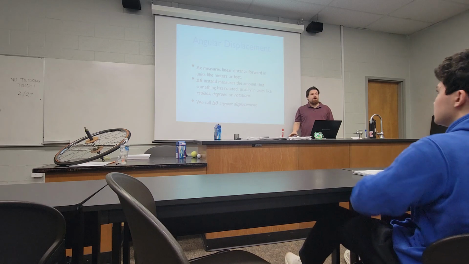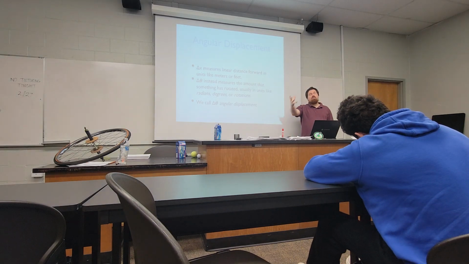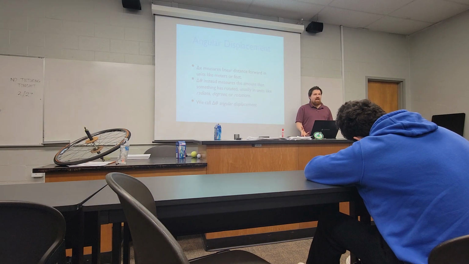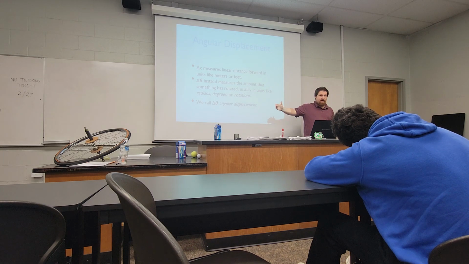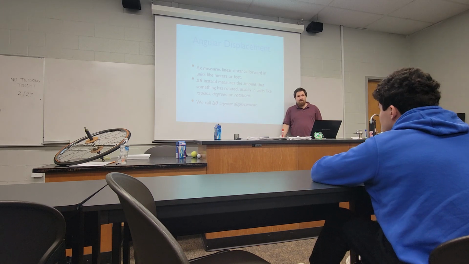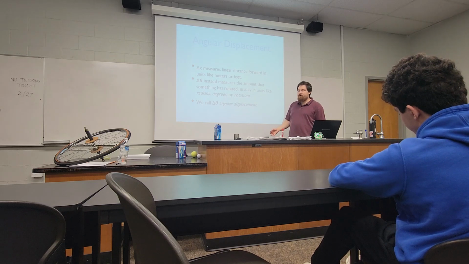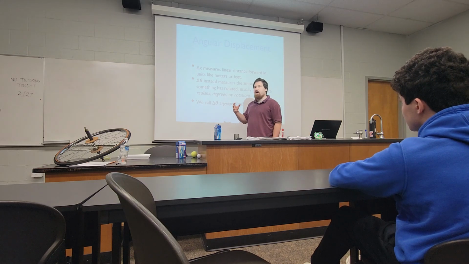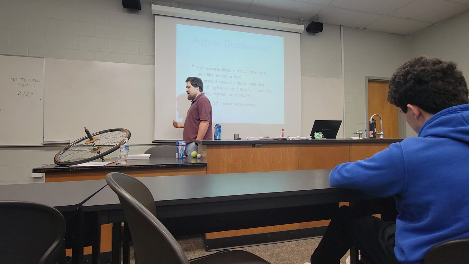For linear motion, the variable we used to use for that is delta x, and that again describes meters forwards or backwards in a straight line. If something is spinning, we instead describe its angular displacement, not how far it's moving forwards or backwards, but how much it has spun, how much it has rotated through.